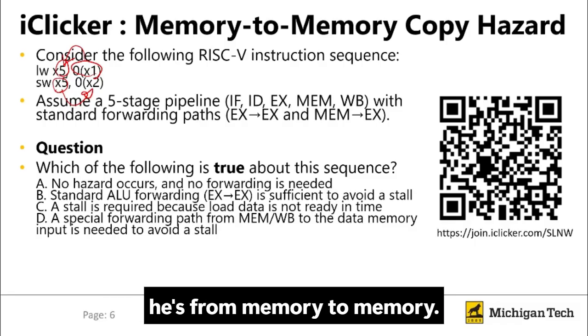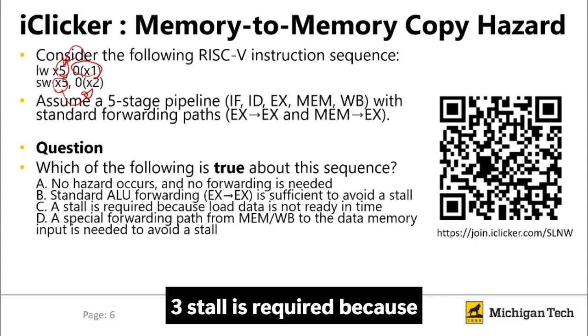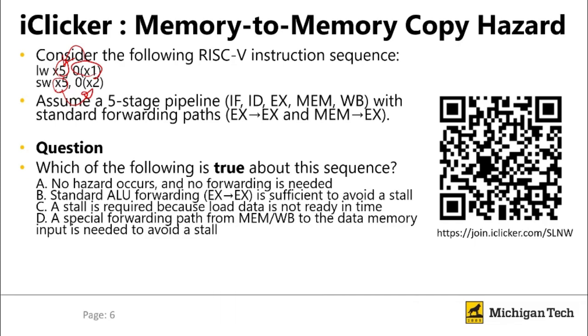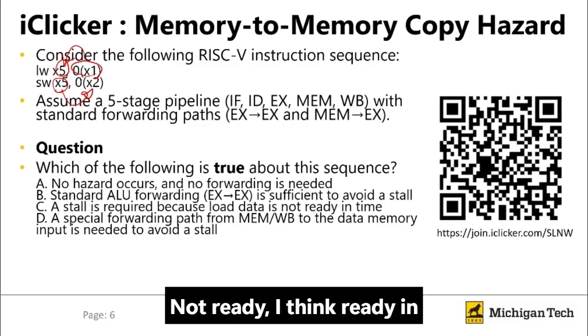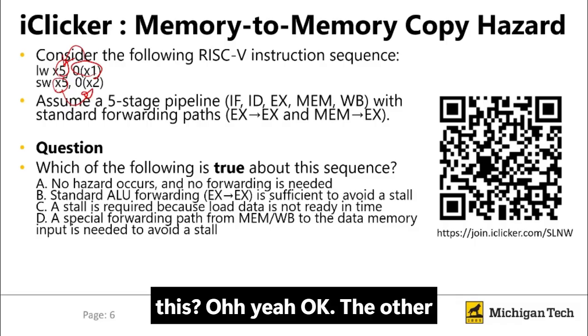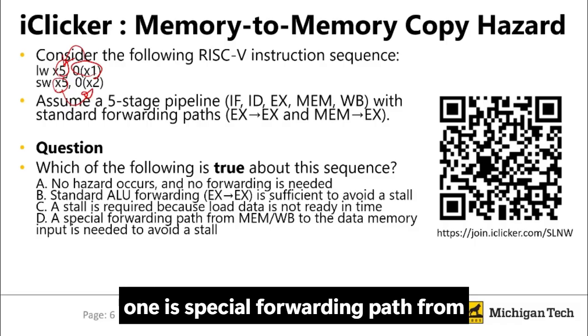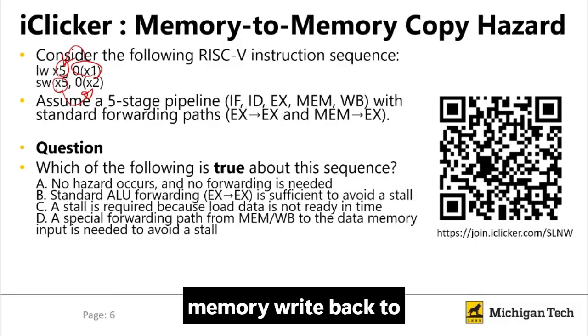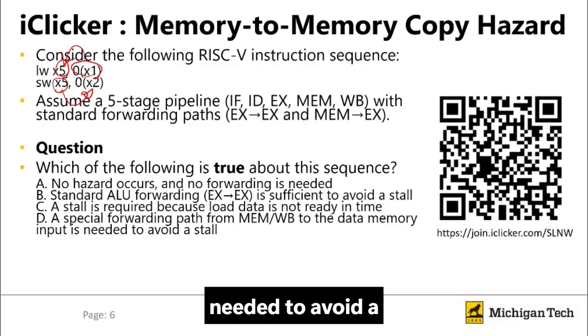A stall is required because the load data is not ready in time. The other option is a special forwarding path from memory write back to data memory input, which is needed to avoid the stall.